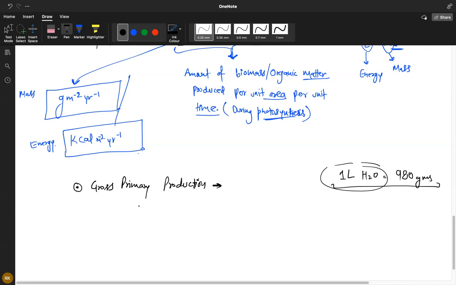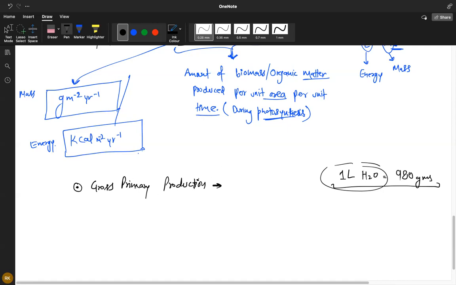Yes, sir. So the gross primary productivity of any ecosystem is the rate of production of organic matter during photosynthesis. So the sum total of everything that was produced, every molecule produced during photosynthesis, every cell produced due to that.